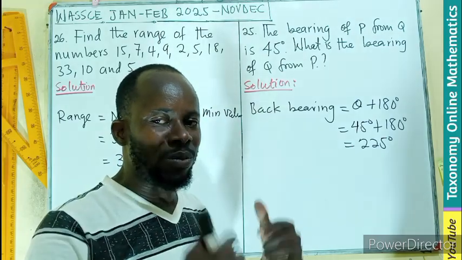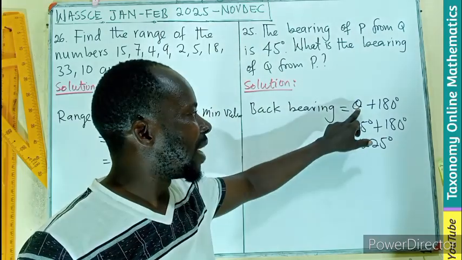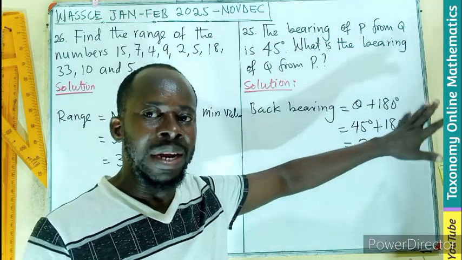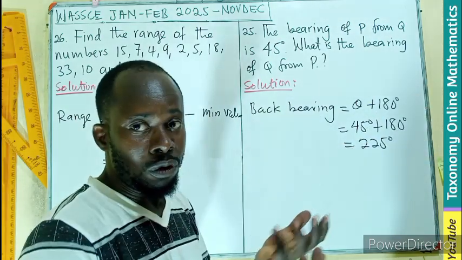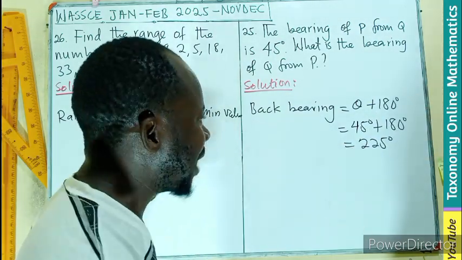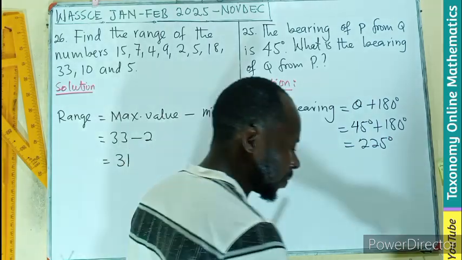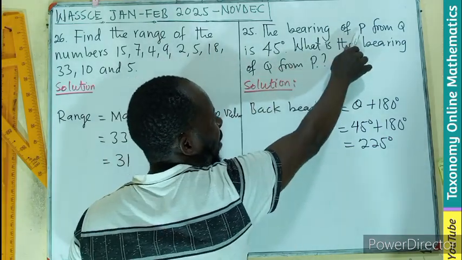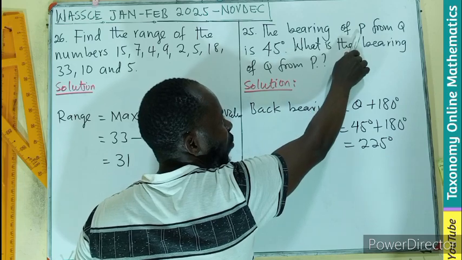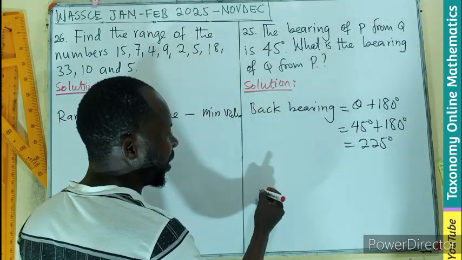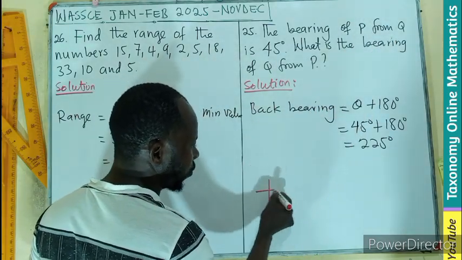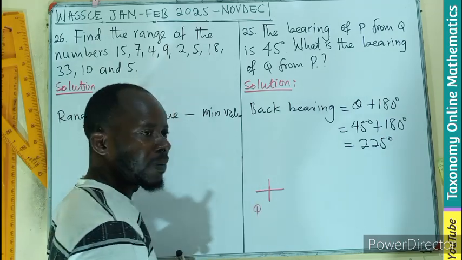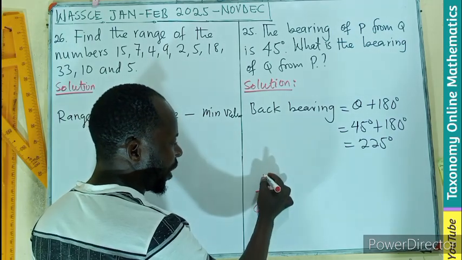In the case that it is more than 180, it is the theta minus what? 180. All right, now you also would like to do a diagrammatic representation. We can start with the bearing of P, right? From where? From Q. So we begin from Q. So Q is here. The north of Q is here.